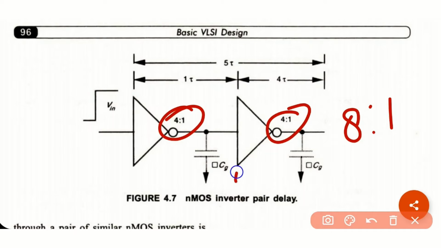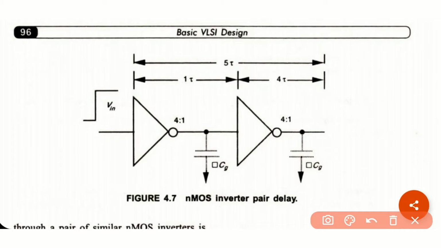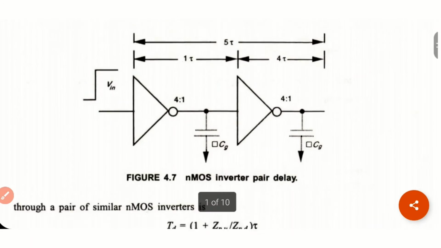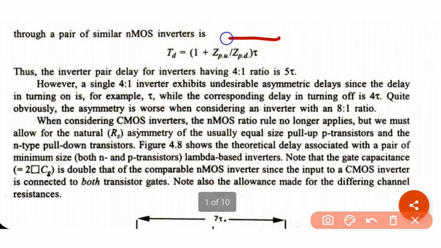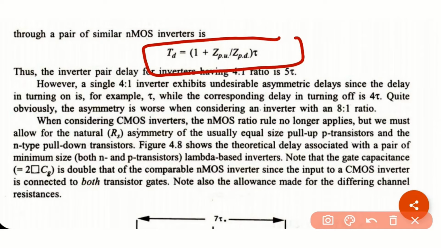And here this Cg is your gate capacitance. So the formula for delay will be 1 plus Z pull up by Z pull down, multiplied by tau.